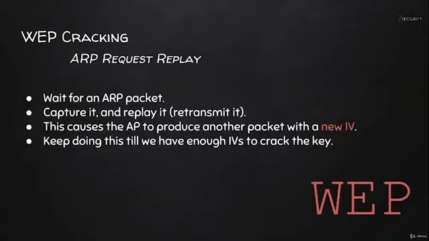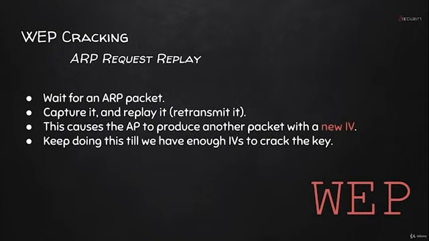So the idea behind this method is to wait for an ARP packet, and I'll talk about ARP in more details later on. So for now, just think of it as a special type of a packet that we're going to be waiting on. Once this packet is sent in the network, we're going to capture it and retransmit it. Once we do this, the router is forced to generate a new packet with a new IV.